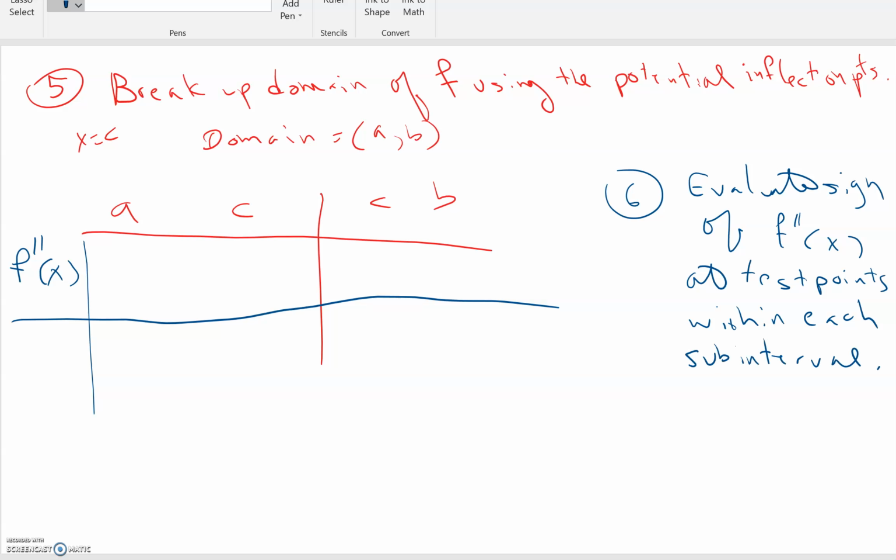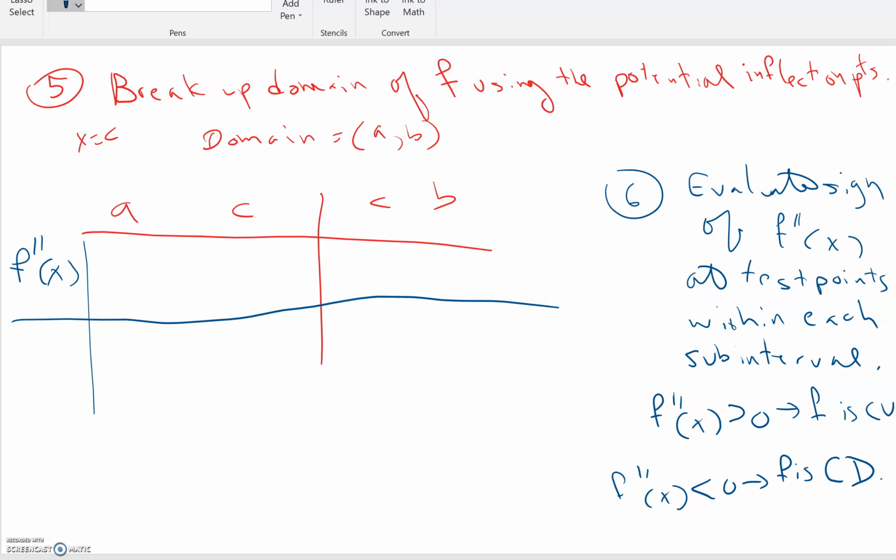What we're looking for is, if f double prime of x is greater than 0, that means f is concave up, and if f double prime of x is less than 0, f is concave down. Furthermore, if you change concavity, going from concave up to concave down or vice versa, then you have an actual inflection point, right?